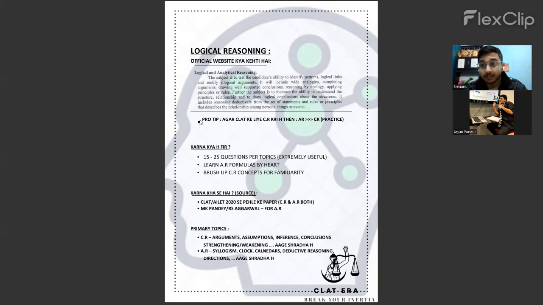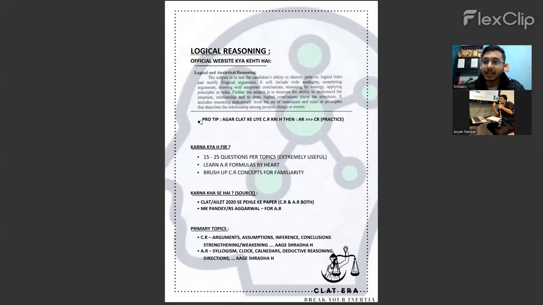One piece of advice from my side: if you have done CR seriously for CLAT, and you are clear about what constitutes arguments, assumptions, conclusions, and inferences, then do not waste your time on CR. Just solve a few questions here and there to stay in the rhythm of solving critical reasoning, and then quickly move to the analytical reasoning portion. So how should we cover AR, meaning the topics and all that?